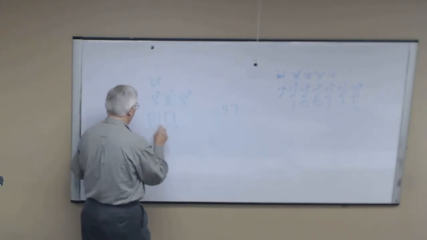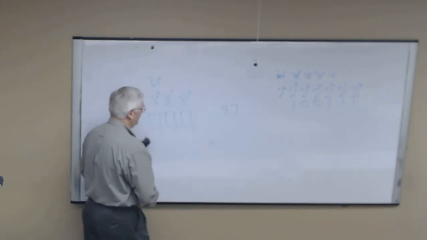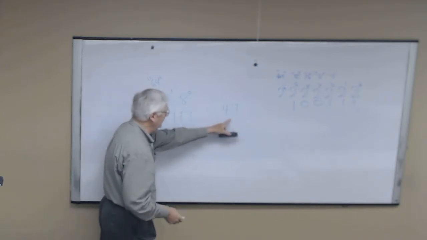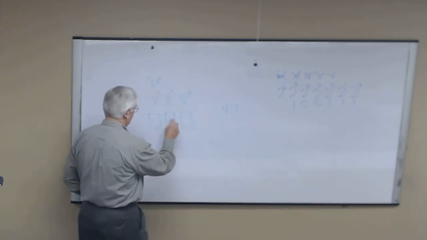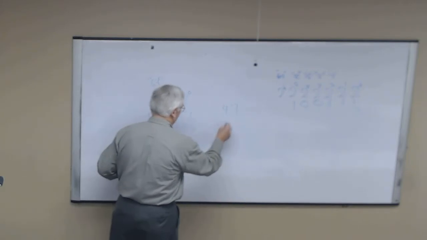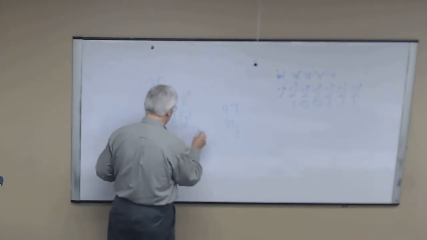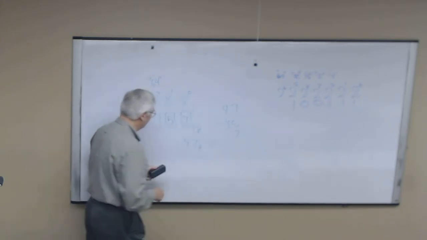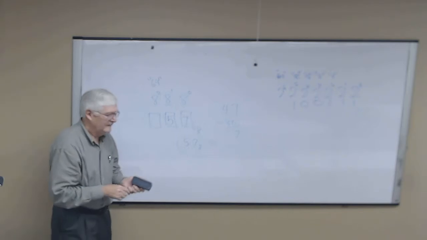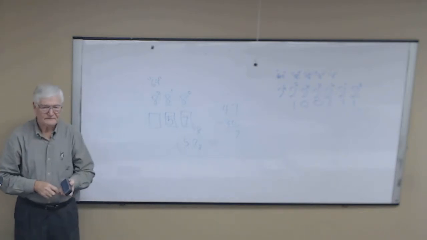Maybe it helps to put little boxes down here to fill them in. How many 8s do I have in 47? 5 of them. So I go minus 40. That leaves me with 7. So 57 in the base 8. There's your answer. 57 in the base 8. Everybody follow that?